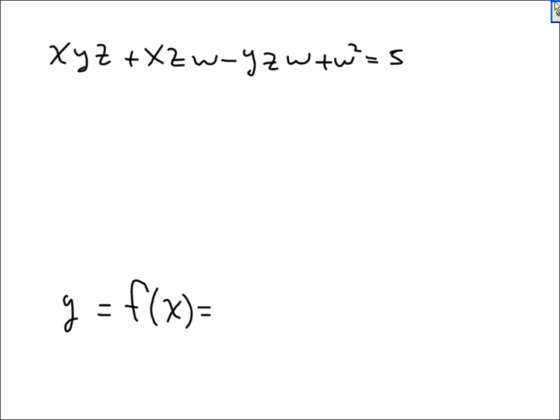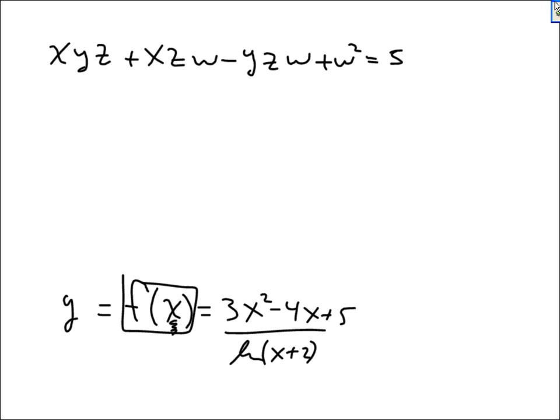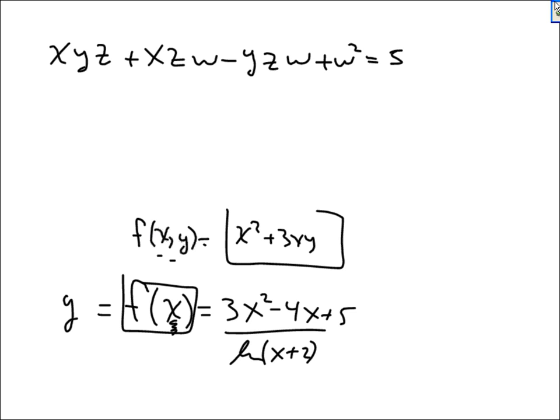And if f of x is, and you should only see x's, 3x squared minus 4x plus 5 divided by ln of x plus 2, this is y. And when you have a function of two variables, that means what I write in here better just have x and y. It's like x squared plus 3xy cubed over x squared minus y squared. We call this z.